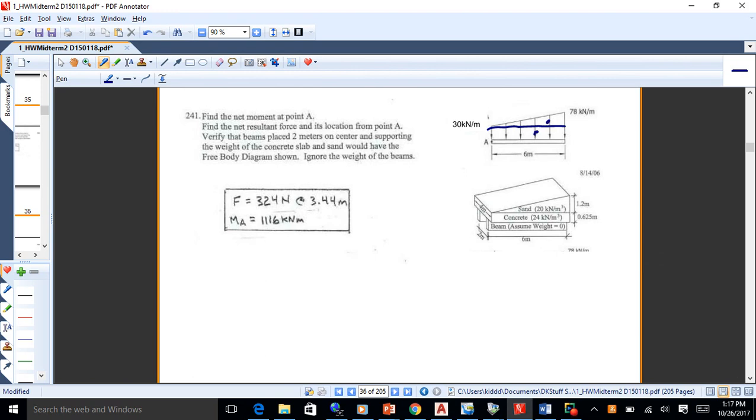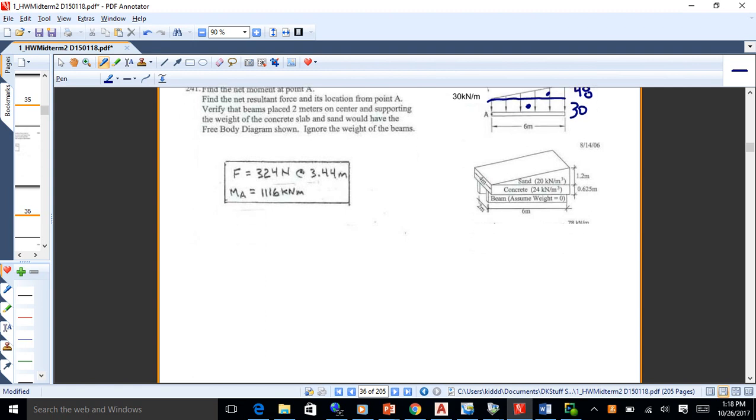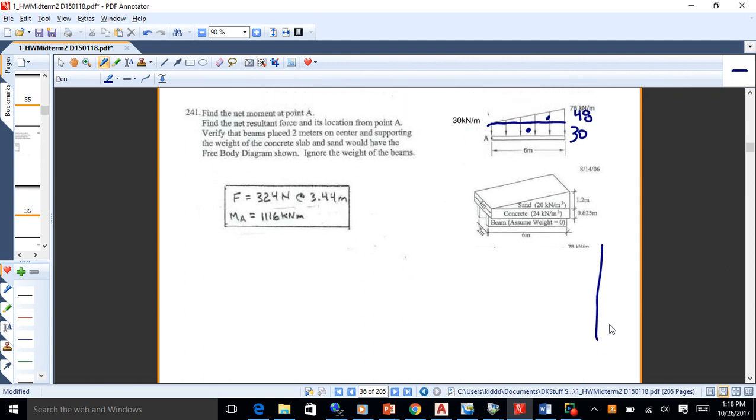All right. And then you just put the centroids on there and put the loads at the centroids of the figures. Now what you want to see here is this one's going to be 30 for the height. This will be the remainder between 30 and 78, so that's 48. Okay, so those are the values that you want there for the triangle and the rectangle.